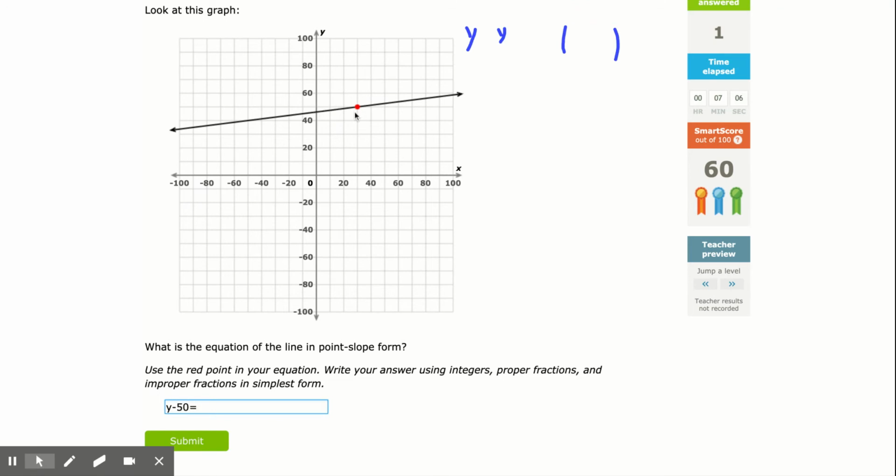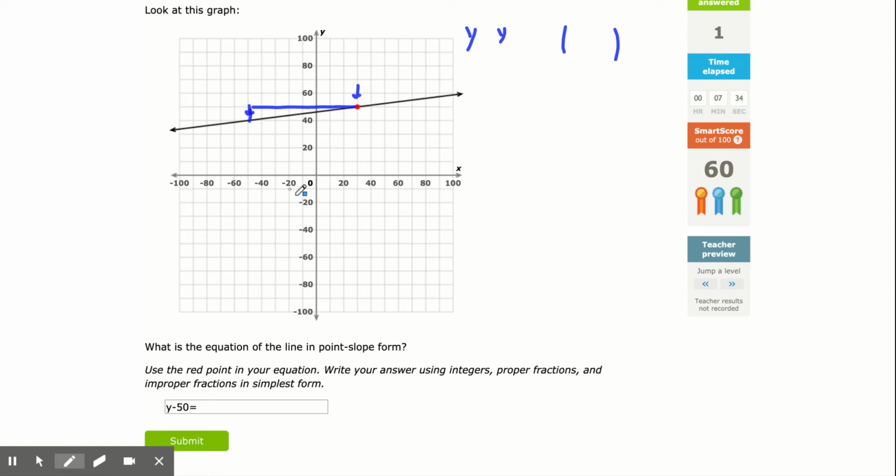Now I need to find my slope. So again, this is the part that's a little bit harder. I'm going to see if I can find that point there. Looks a little high. So it looks like that point right there is hitting on a nice intersection point. And then obviously the point they give us. So again, that means it looks like I rise up 10 and I run, how far do I run?